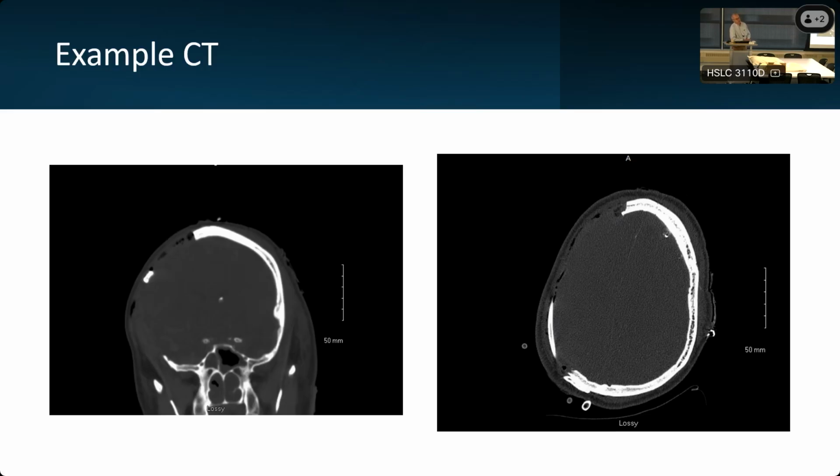How big do you guys think this actually is? 10 centimeters. 10 centimeters. Okay. Any other guesses? I think it's more like 15. Well, it's 13 by 16. So just about at goal.